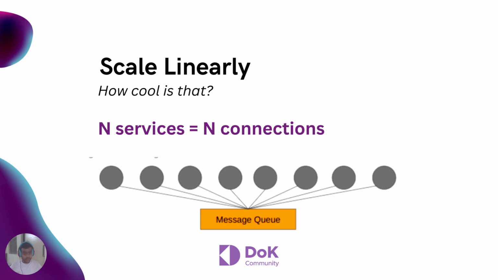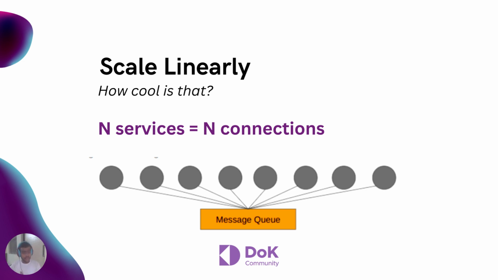In fact, if I zoom out in this architecture, from the application developer's point of view, what they need to really manage now is the connection between their service and the message queue. That's it. So effectively, they need to manage as many connections as there are services. That is, for n services, I will have n connections.